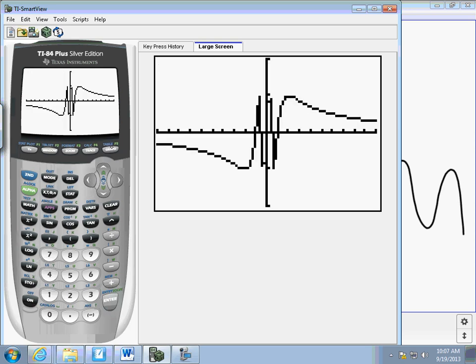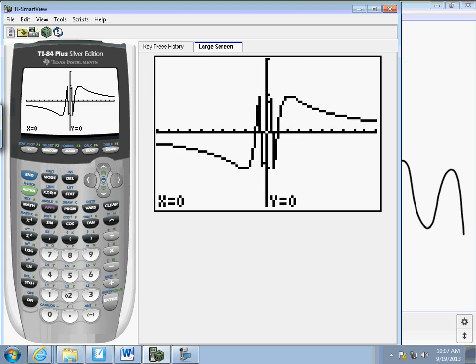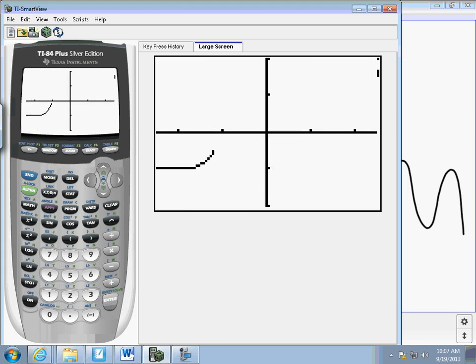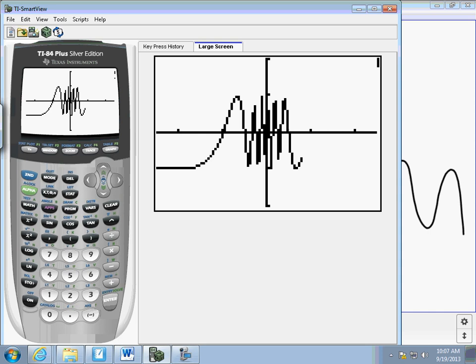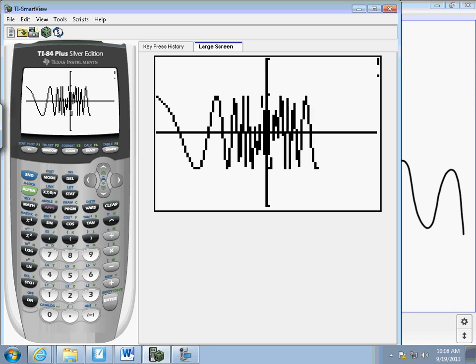So now when I zoom in, I should just change my x values. Yep, y values didn't change. Ooh, we got a bunch of bumps there. Let's do it again.